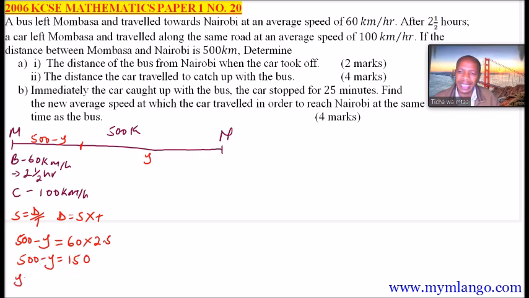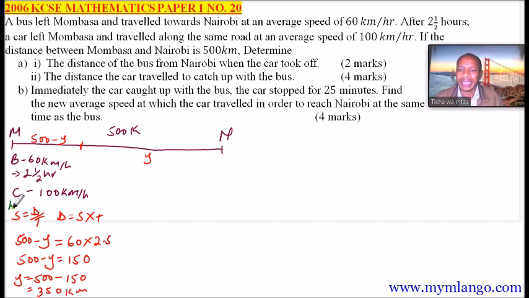So y is equal to 500 minus 150, and this gives you, not 150 kilometers, but 350 kilometers. That is the distance from Nairobi to where the bus was by the time the car started the journey, 2.5 hours after.